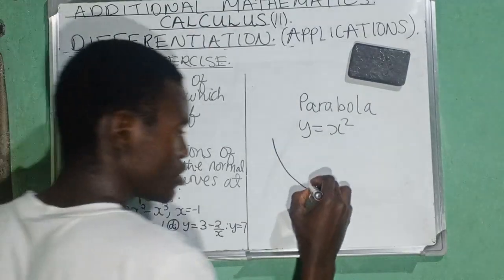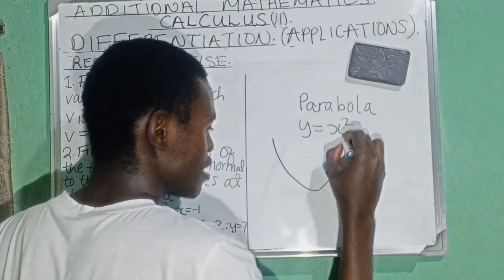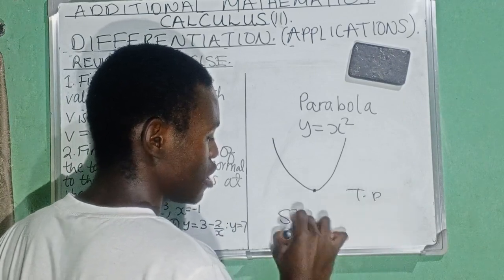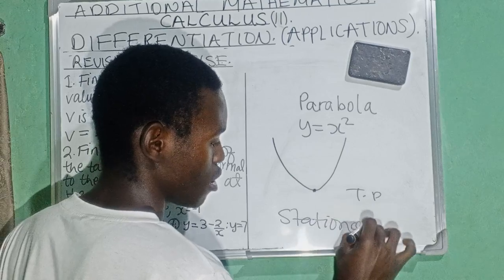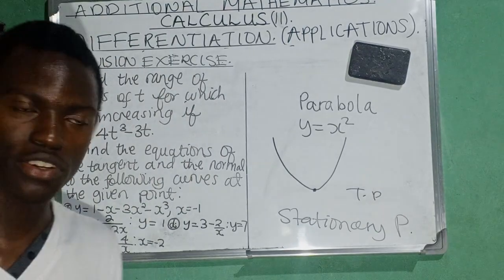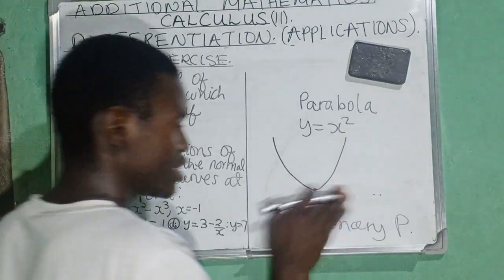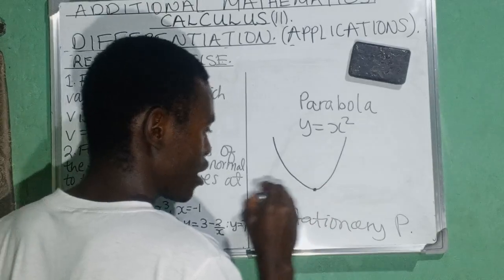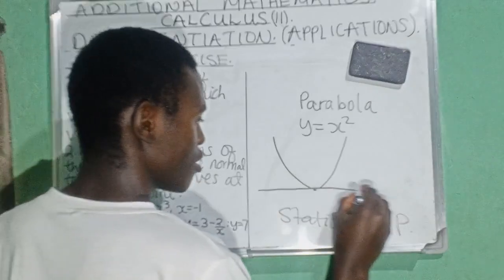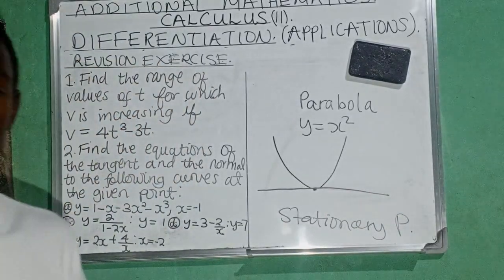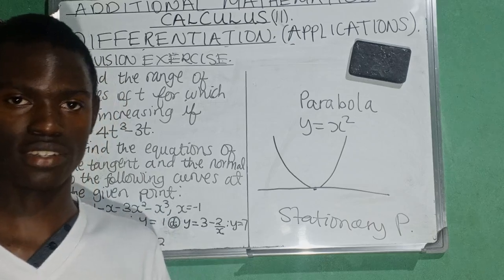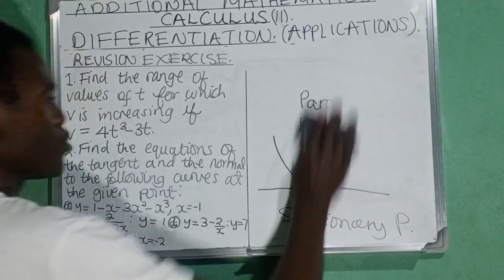Then it reaches a certain point where it turns and starts going up. That point is what we call the turning point or the stationary point. At that point, if you draw a tangent line touching the curve at that point only, along that tangent line dy/dx is equal to 0. So that's what we are going to use.